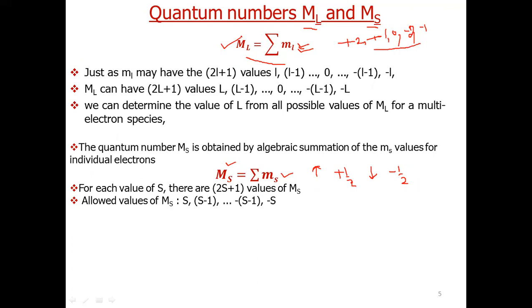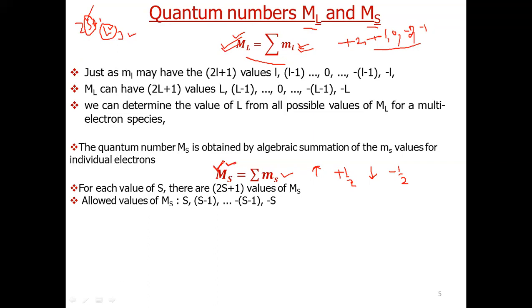But one most important thing to keep in mind is that in order to write a term symbol of the form 2S plus 1 L J, we need values of capital S, capital L, and capital J. But from the electronic configuration we calculate values of ML and MS, so we determine values of capital L and capital S from values of ML and MS by grouping them together.